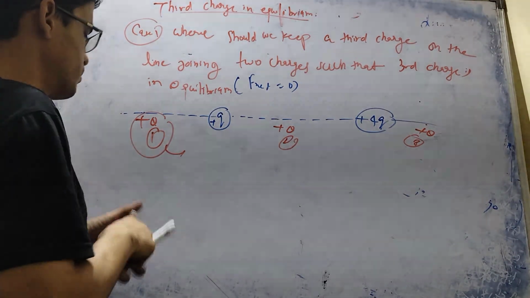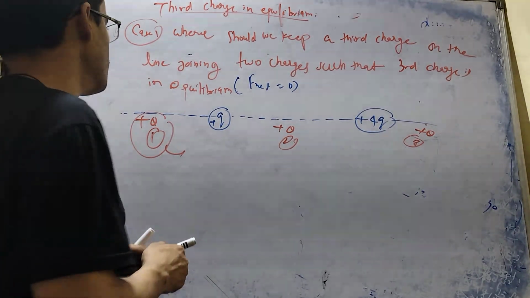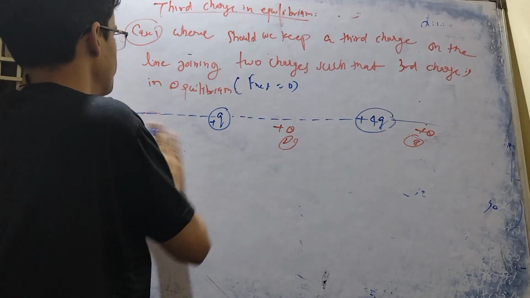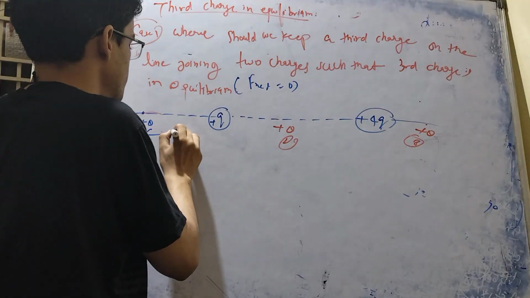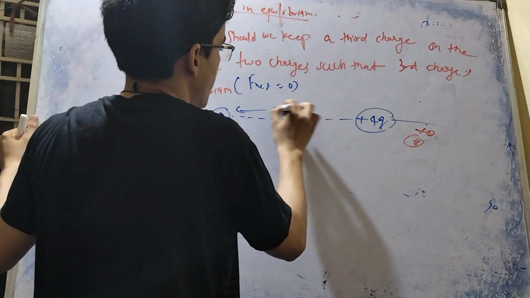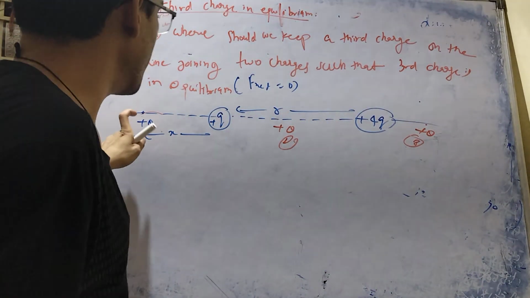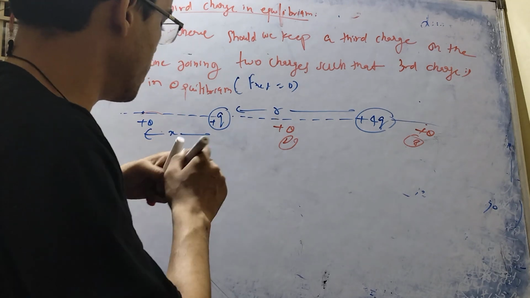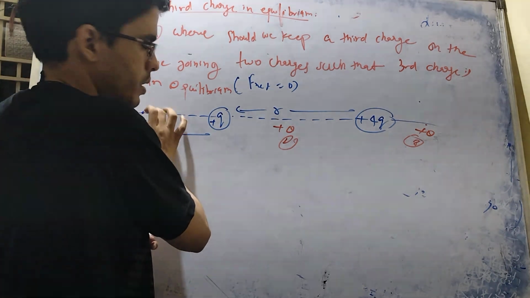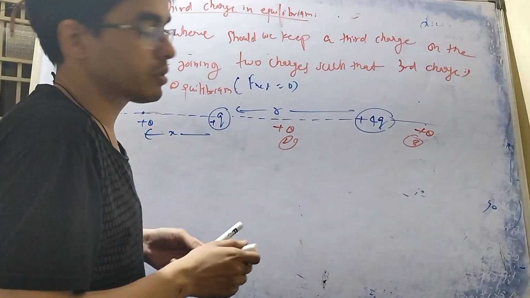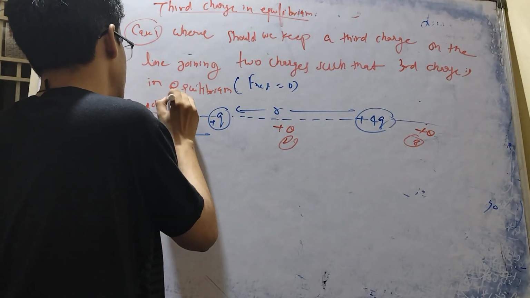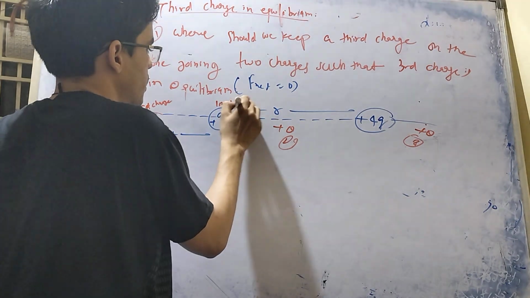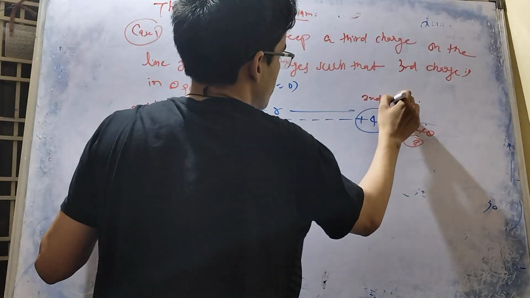Suppose here you want to fix the q charge. Let us assume this distance is x and the separation r is already given. At q, I want net force 0. This is called the third charge, this the first charge and this the second charge.